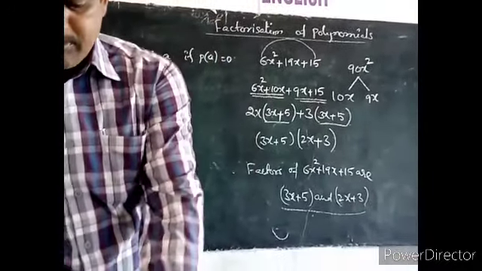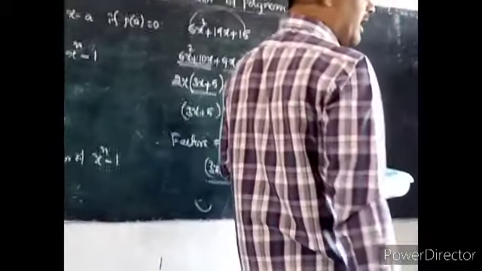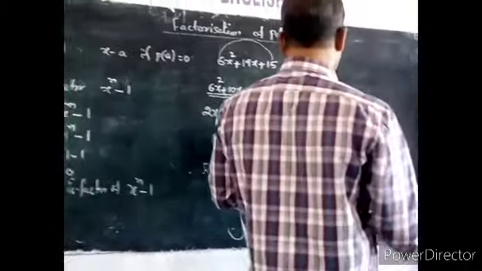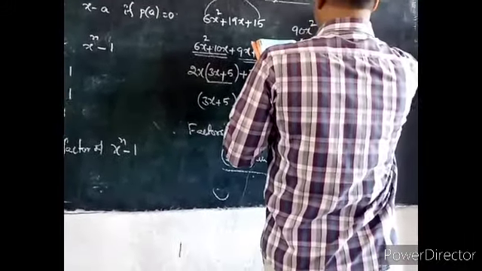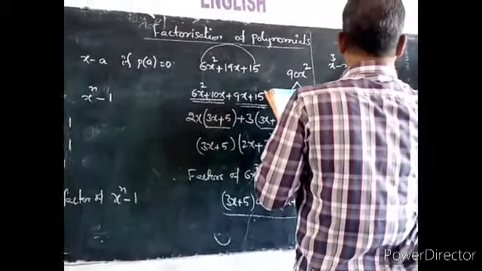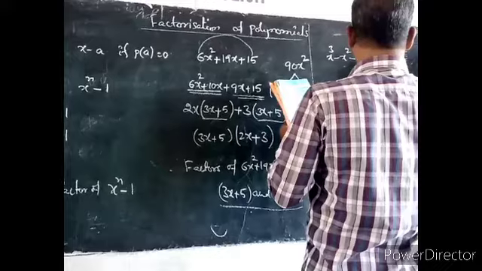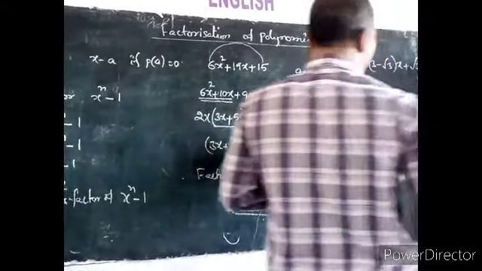On page number 48, which one should I explain? Fourth one. So x cube minus x square minus (3 minus root 3) x plus root 3.